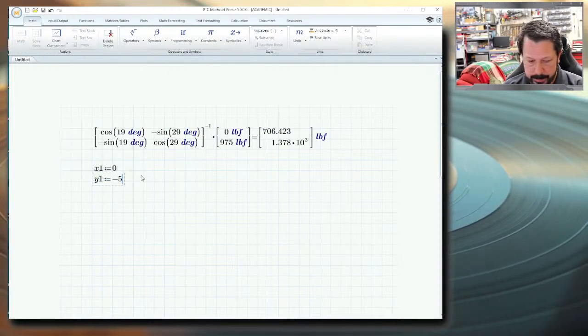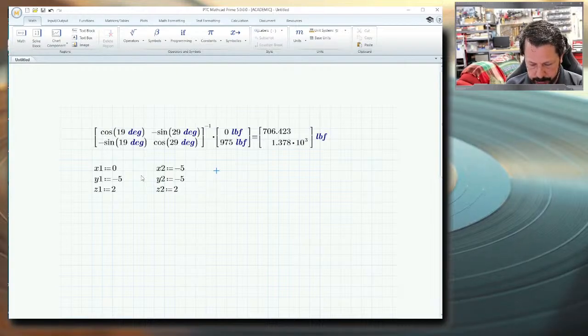Y1 was -5. Z1 is 2. And then x2, so this refers to AC, the one that looked like it was going straight up the z-axis. X2 of -5, y2 of -5, and z2 of 2. And then x3 was the last one that we did.